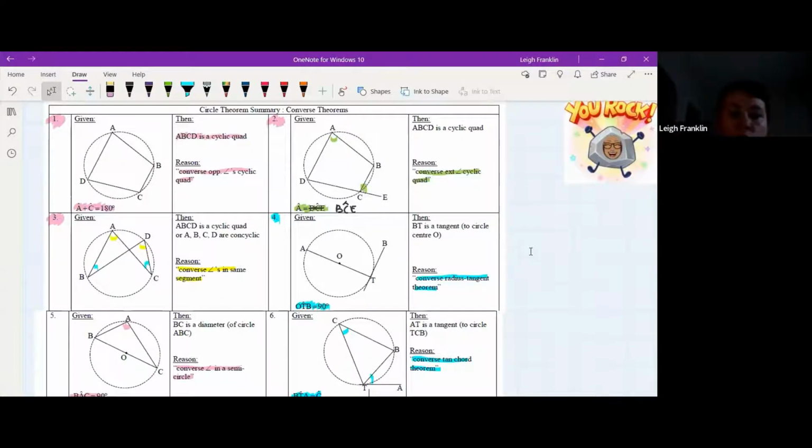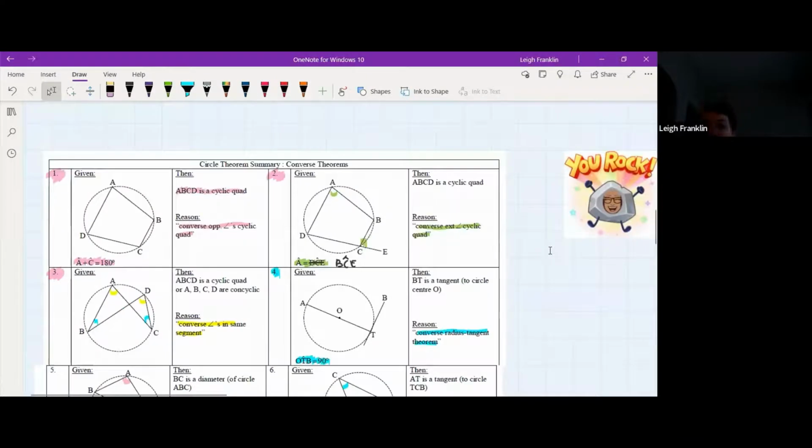Let me explain to you. Let's use opposite angles of a cyclic quad. Noxie, if a quad is cyclic and it has 4 points on the circle, then the opposite angles will add up to 180 degrees. That's going forwards. The converse goes backwards.